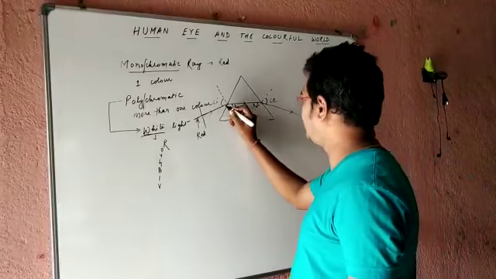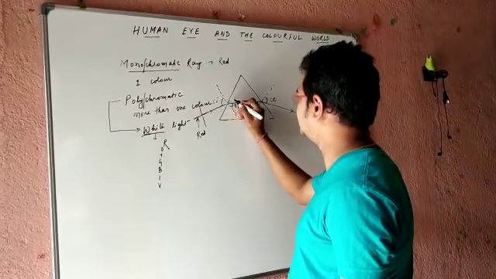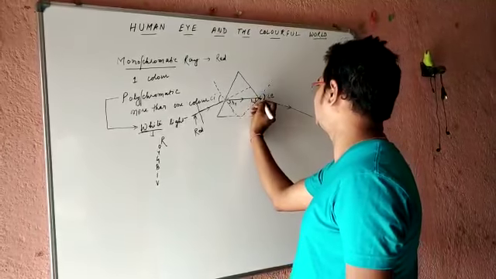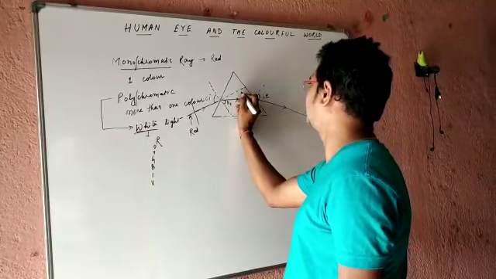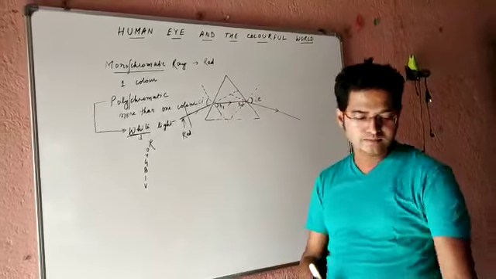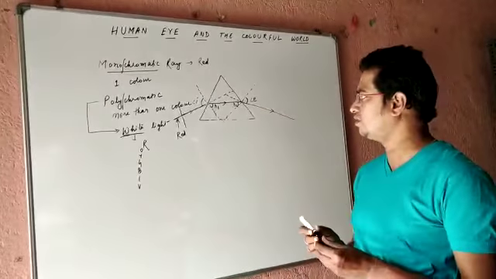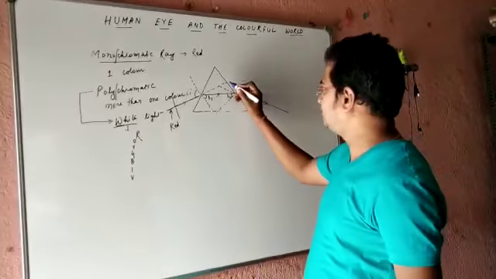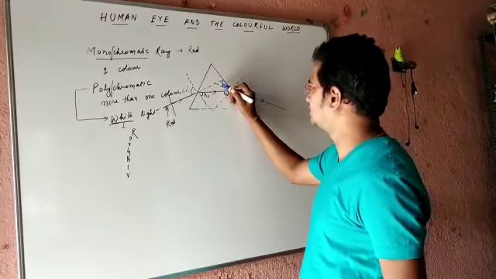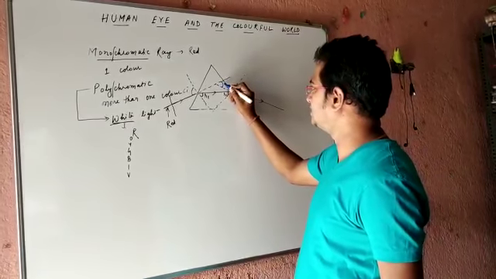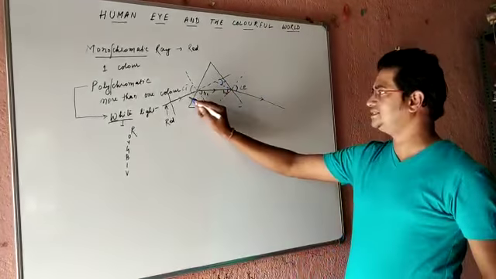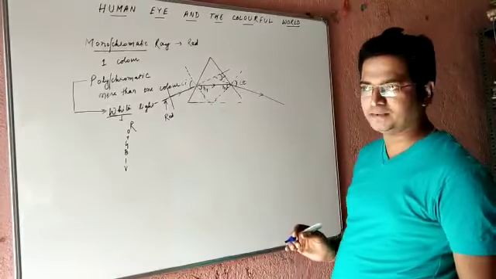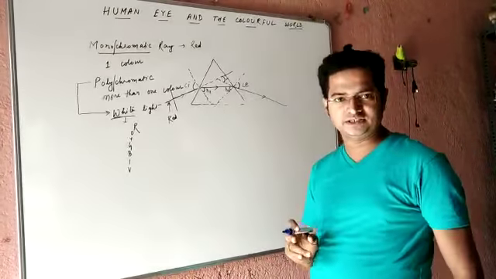Here, if we extend the incident ray and we extend the emergent ray, we will come to know by what angle this ray gets shifted from its path. So this is the angle by which the incident ray gets shifted from its path, and this is known as the angle of deviation.